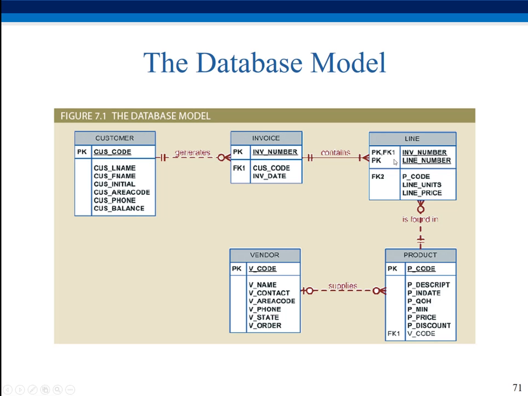So do not be confused that this foreign key 1 is actually listed over here. That just means that invoice number is both a foreign key and a primary key, or part of a primary key. It's a composite, because this could not be a primary key alone, because if you have 5 line items, they're all going to be for the same invoice header number, the invoice number.